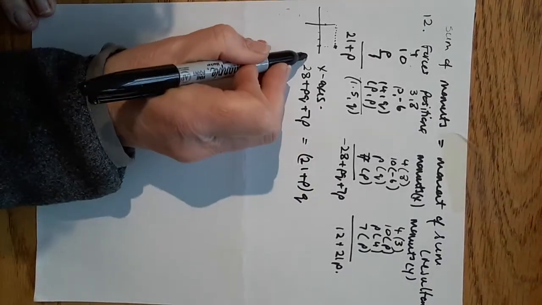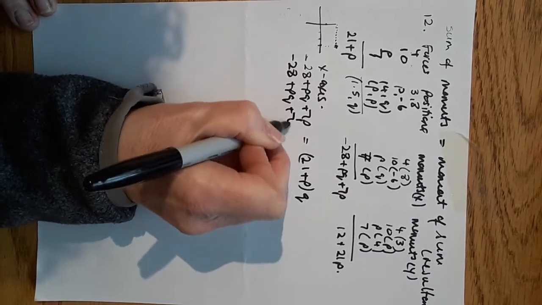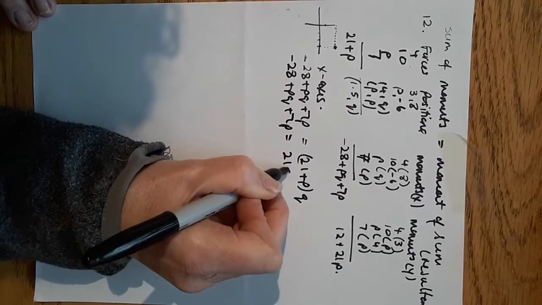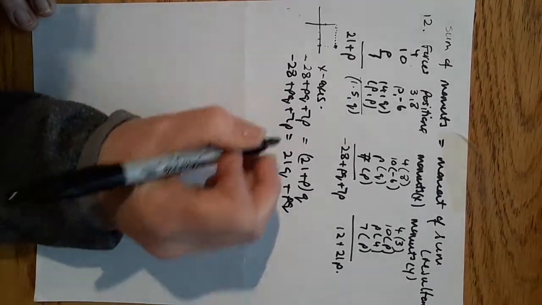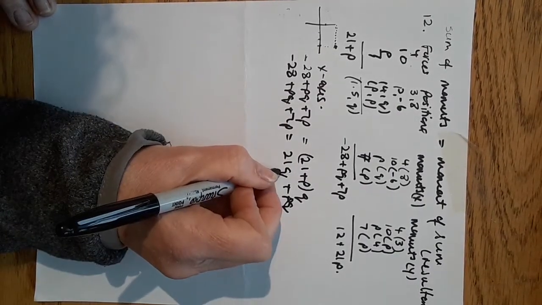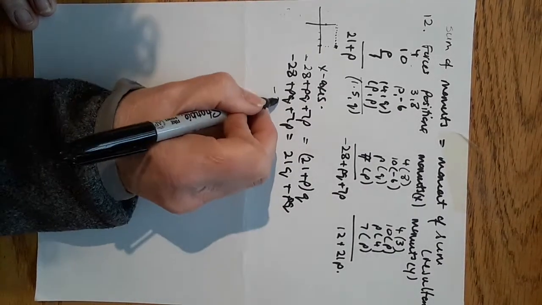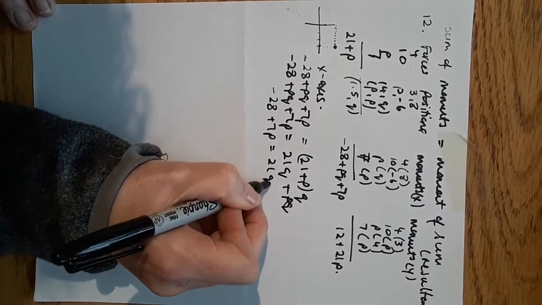So minus 28 plus pq plus 7p is equal to 21q plus pq. The pq terms will cancel, and I'll be left with minus 28 plus 7p equals 21q. Can't go any further with that.